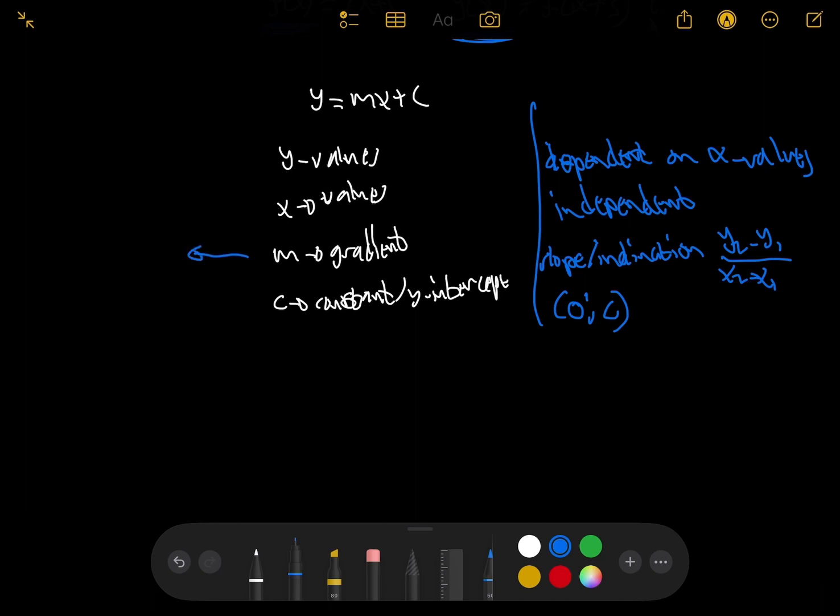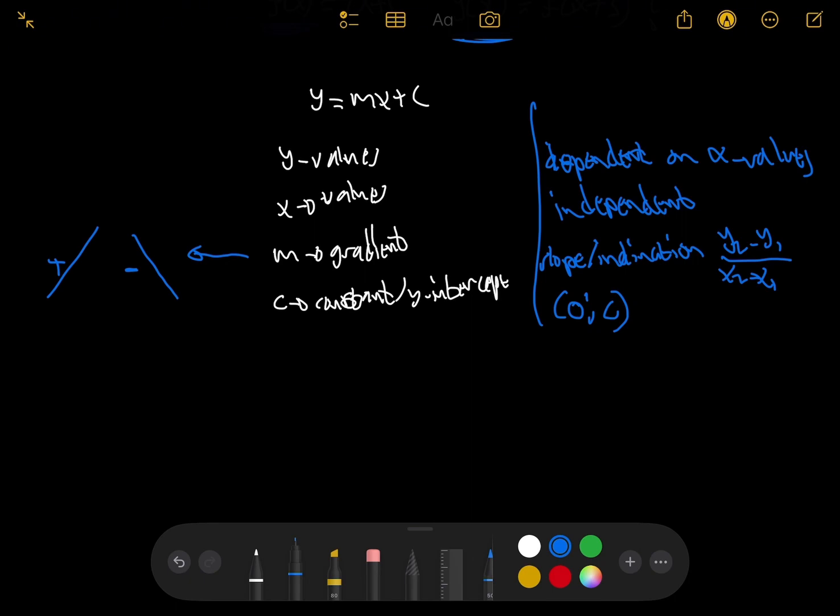We also knew that when the gradient was positive, we were rising from left to right, and when it was negative, we were going down from left to right, the very same way we write in English.